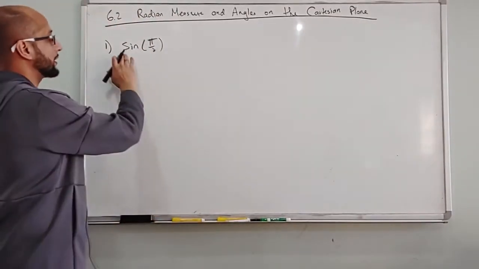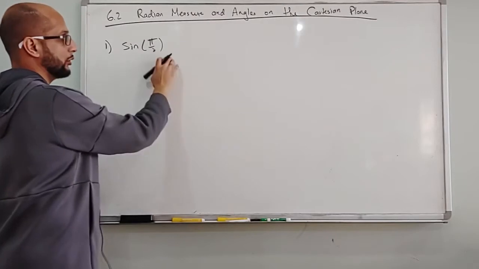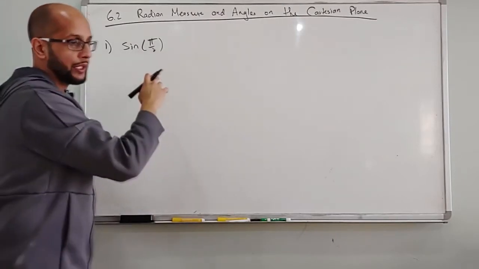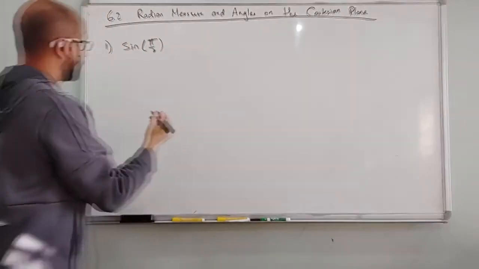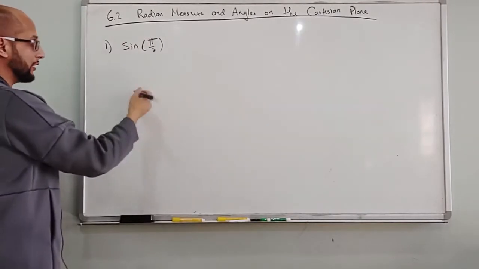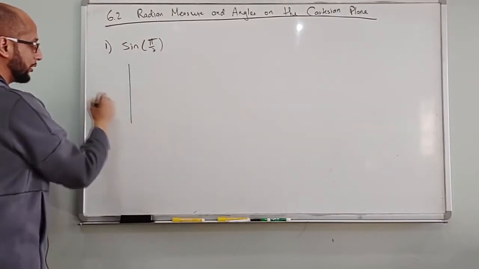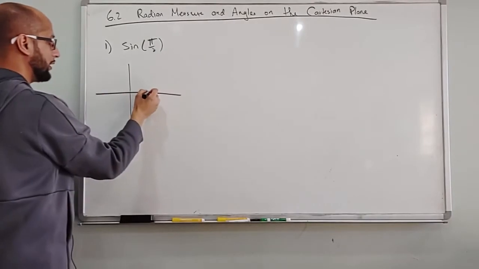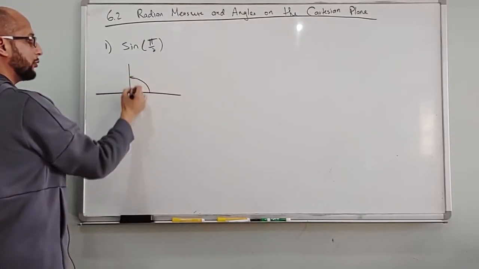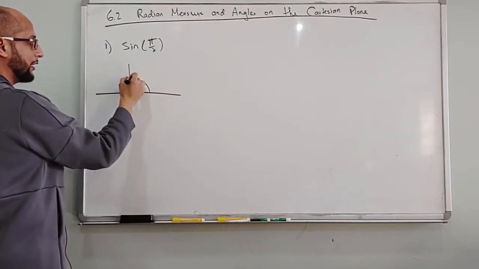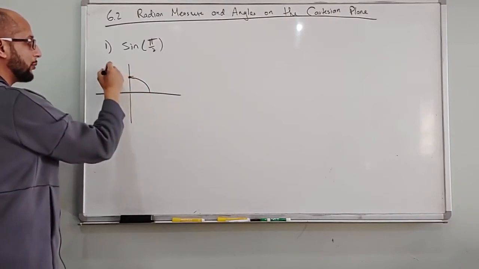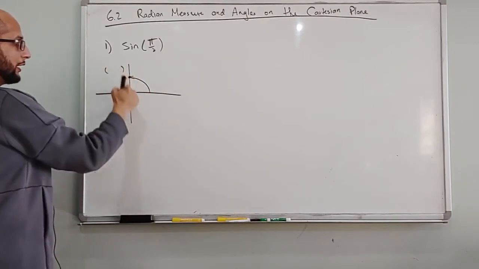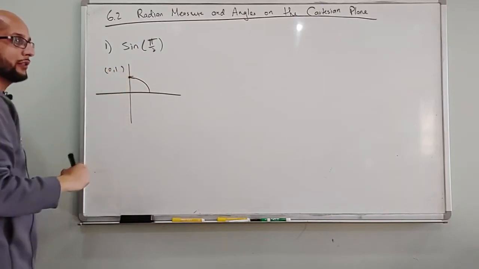What we'll start with is sine of pi over 2. Now, remember that pi over 2 is 90 degrees. So if I draw 90 degrees here, there's my point. If I take a unit circle, it's (0, 1).